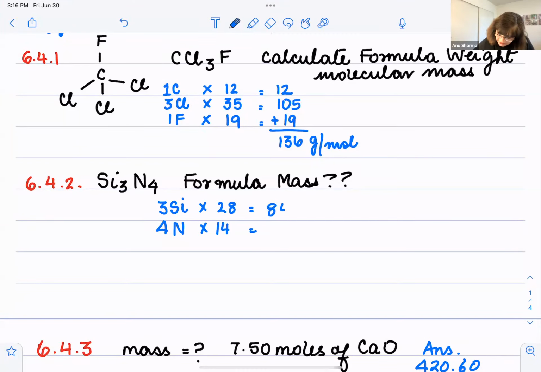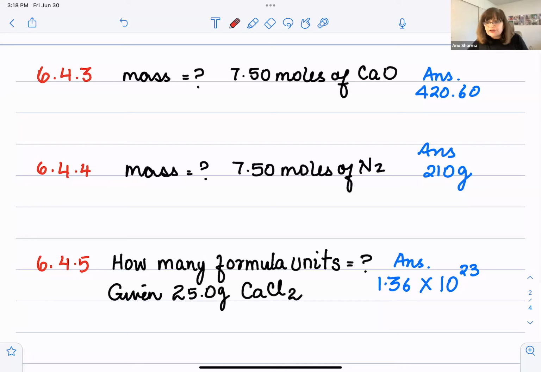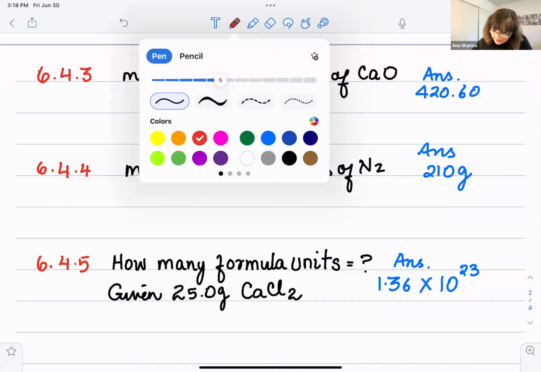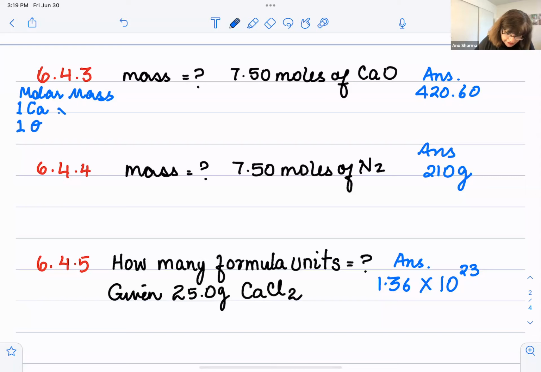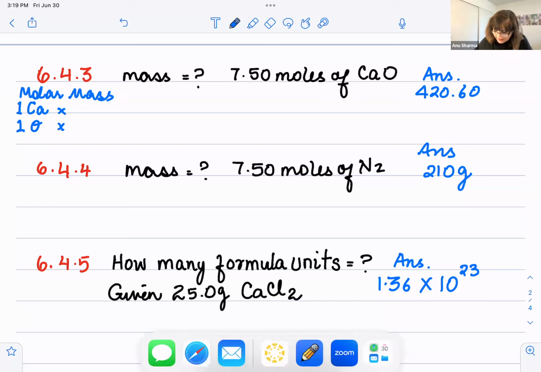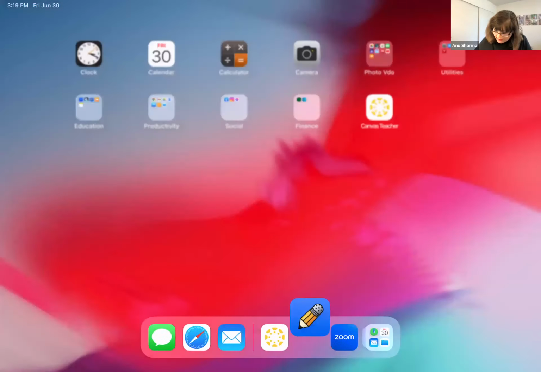Okay, our next question is taking 7.50 moles of calcium oxide and converting that to the mass, which is in grams. So here we are looking at calcium oxide. We need to get the molar mass of calcium oxide. There is only one calcium and one oxygen. Once again, let's look at the periodic table and we will see calcium, Ca, is 40.078.